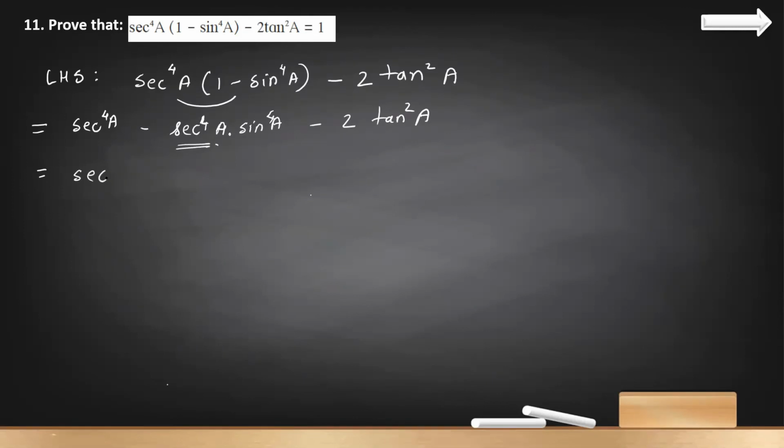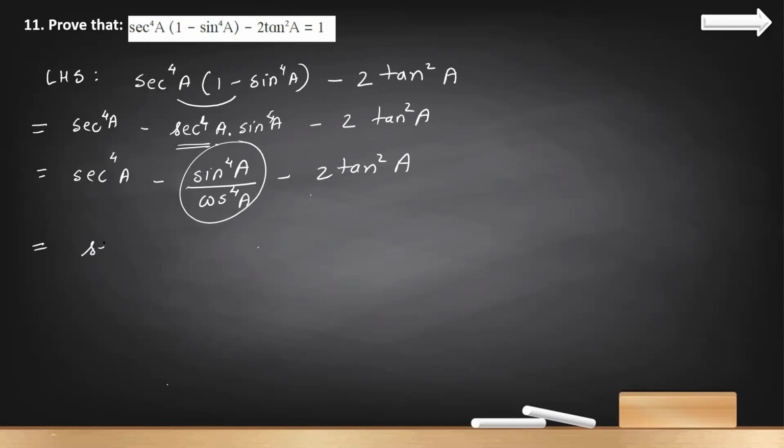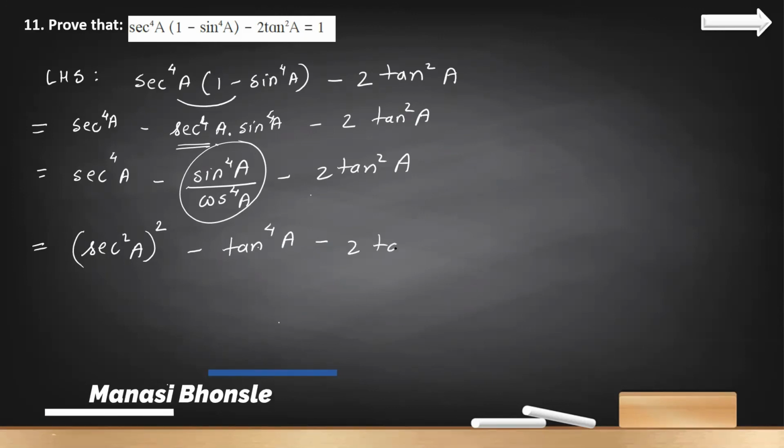So sec to the power 4A minus sine to the power 4A upon cos to the power 4A, which is tan to the power 4A, minus 2 tan square A, and I will write sec to the power 4A as sec square A whole square.